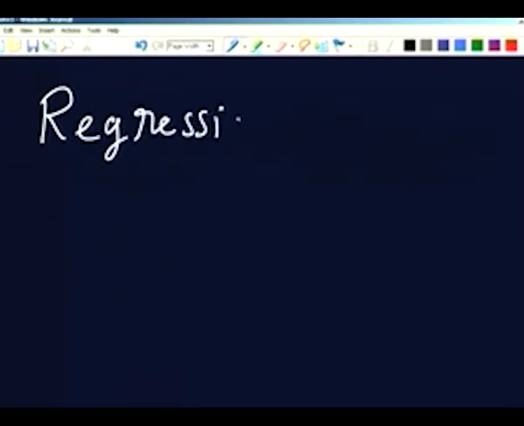So we have a regression equation, which is a relationship.